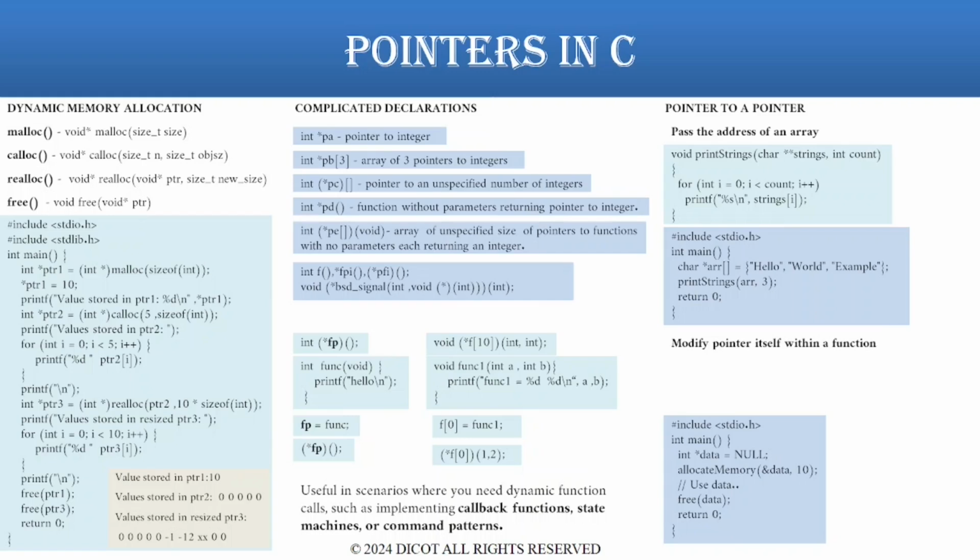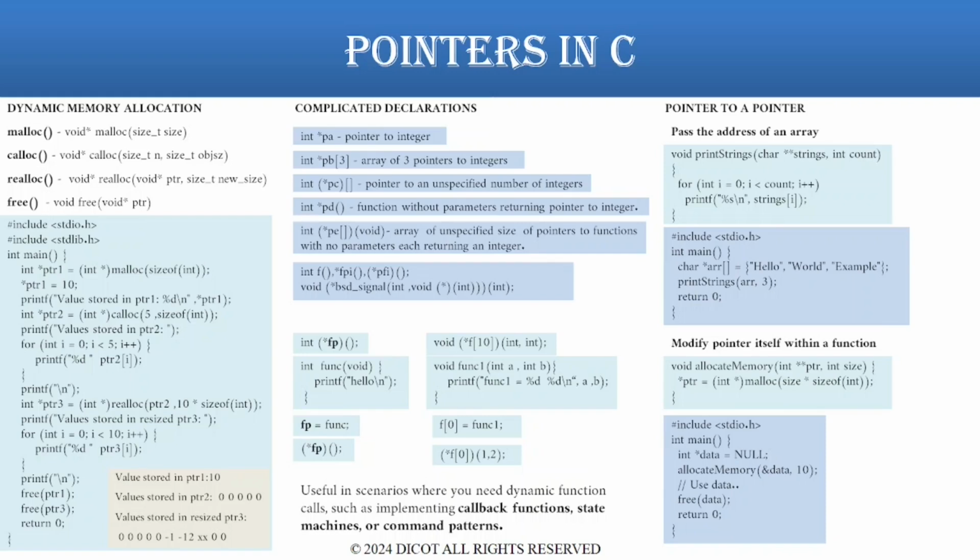Inside the allocate memory function, the memory is dynamically allocated for 10 integers. Malloc is used to dynamically allocate memory. The result of malloc is typecast to an integer pointer to convert the returned void pointer to an integer pointer. The allocated memory address is stored in the pointer ptr, which implies the data pointer gets updated to point to the newly allocated memory.